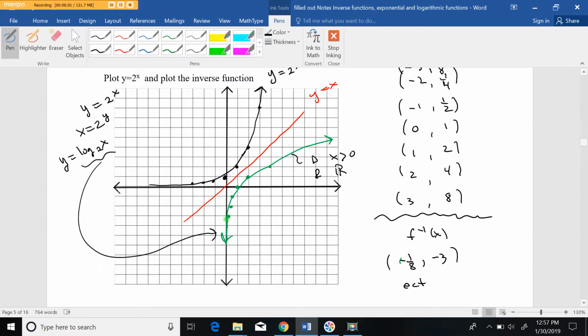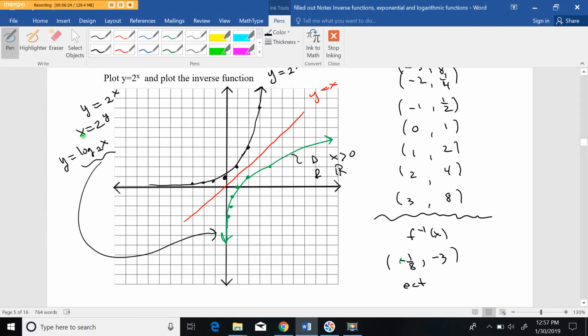Here the domain is x greater than 0. These two equations are basically equivalent to one another, and I'll make other videos about how you go back and forth between exponential form and logarithmic form. Notice there is no value of y for which you can take 2 to a power and get a negative number. So this does not have any negative values of x.